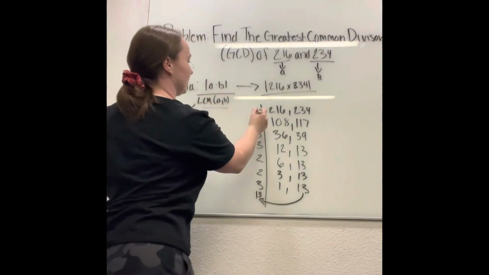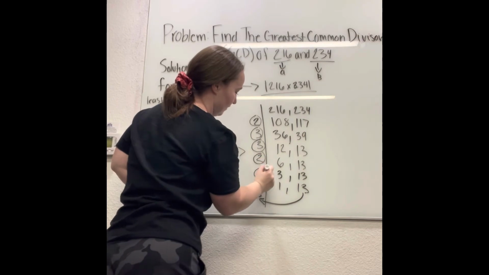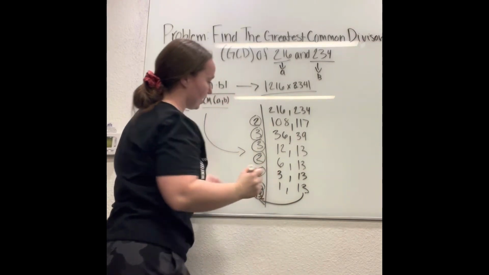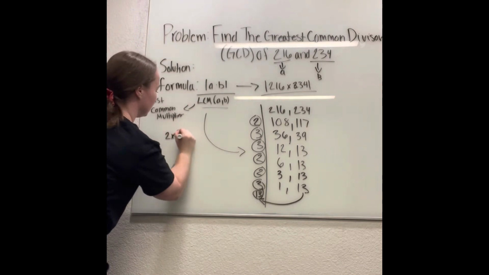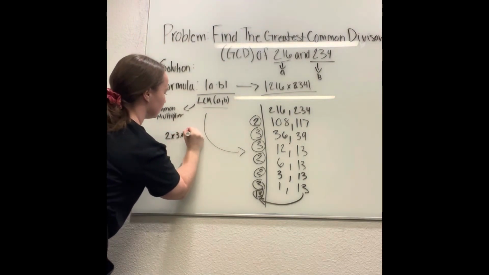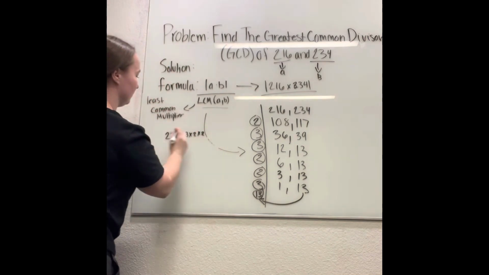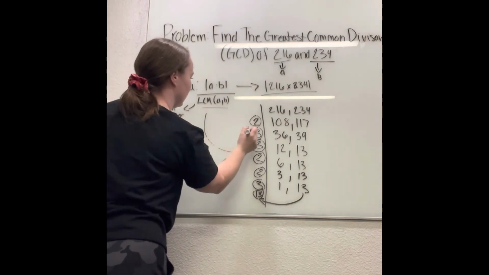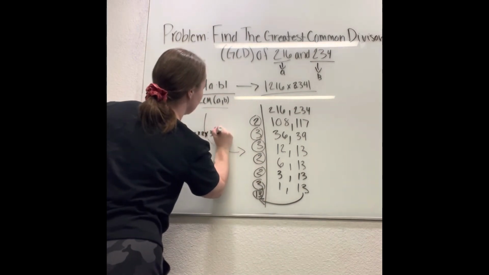Because now what we're going to do is we're going to take all of these numbers and we're going to multiply them. So 2 times 3 times 3 times 2 times 2 times 3 times 13.